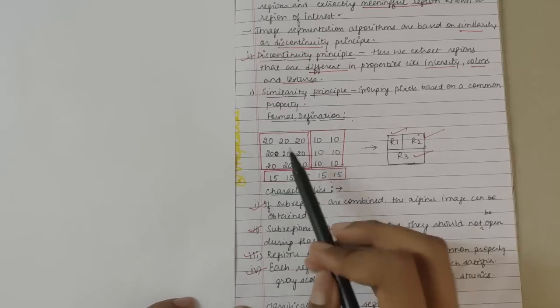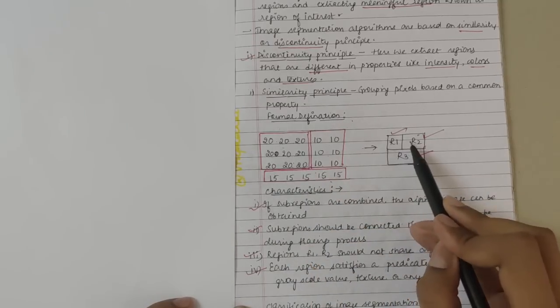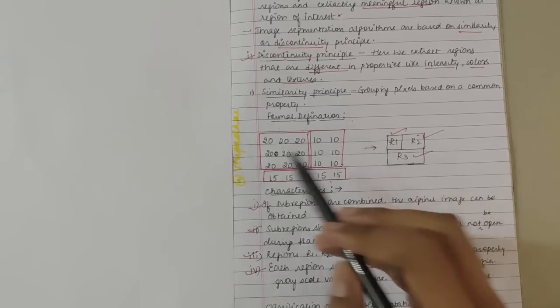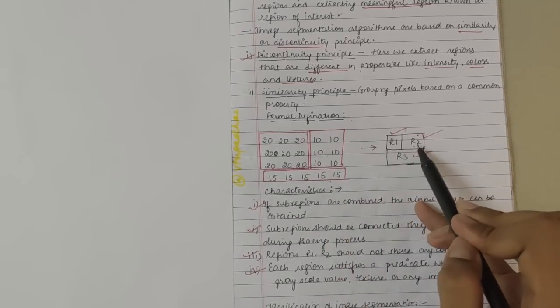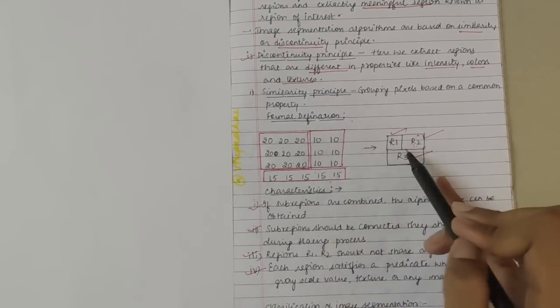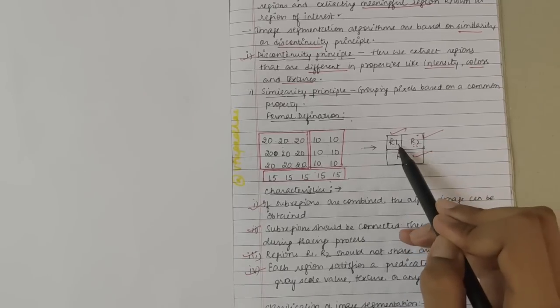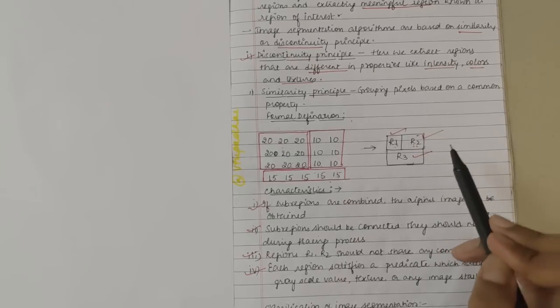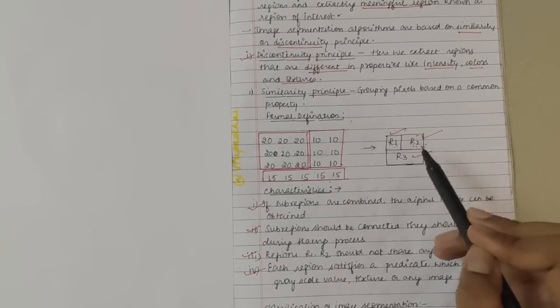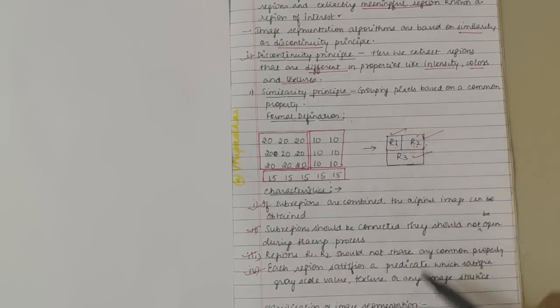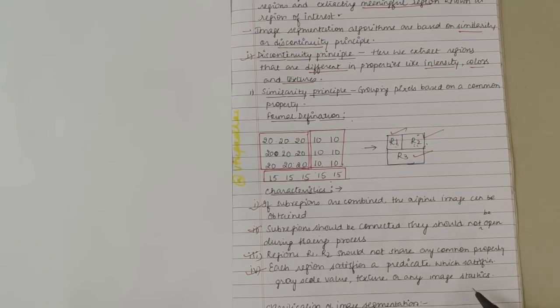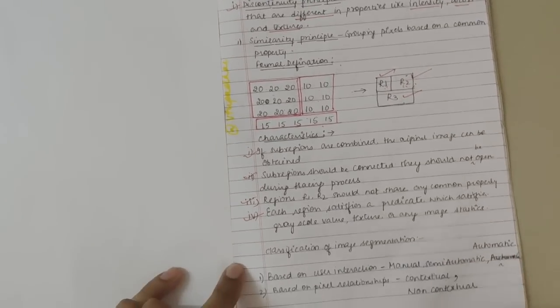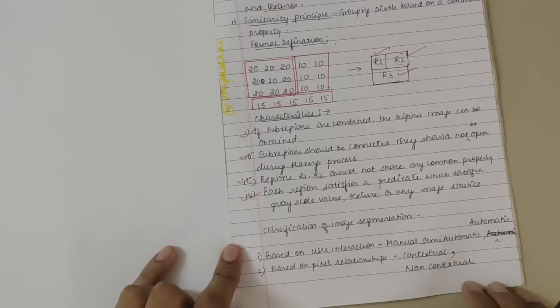Next, the regions, for example R1 and R2, have different values: R1 was all 20 and R2 was 10. So the regions do not share any common property, they have different pixel values. Also, the last one says that each region satisfies a predicate, such as a grayscale value, texture or any other image statistics, which you will get to know later in this video.